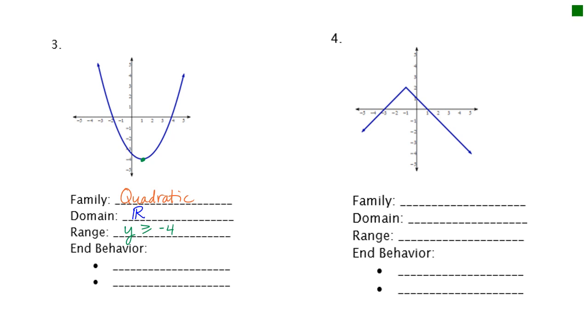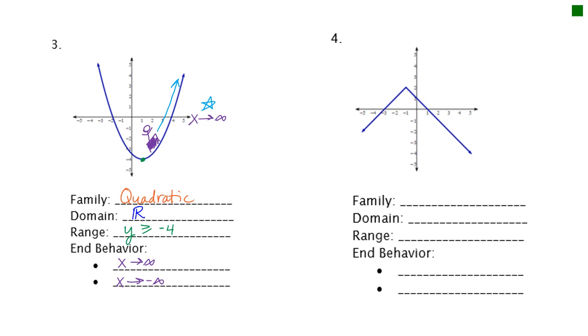My end behavior, I'm going to set up so x goes to infinity, x goes to negative infinity. And then I'll draw myself here on the parabola. As x goes to infinity, or as x goes to the right, if I was to go to the right on my roller coaster car, it would take me up.